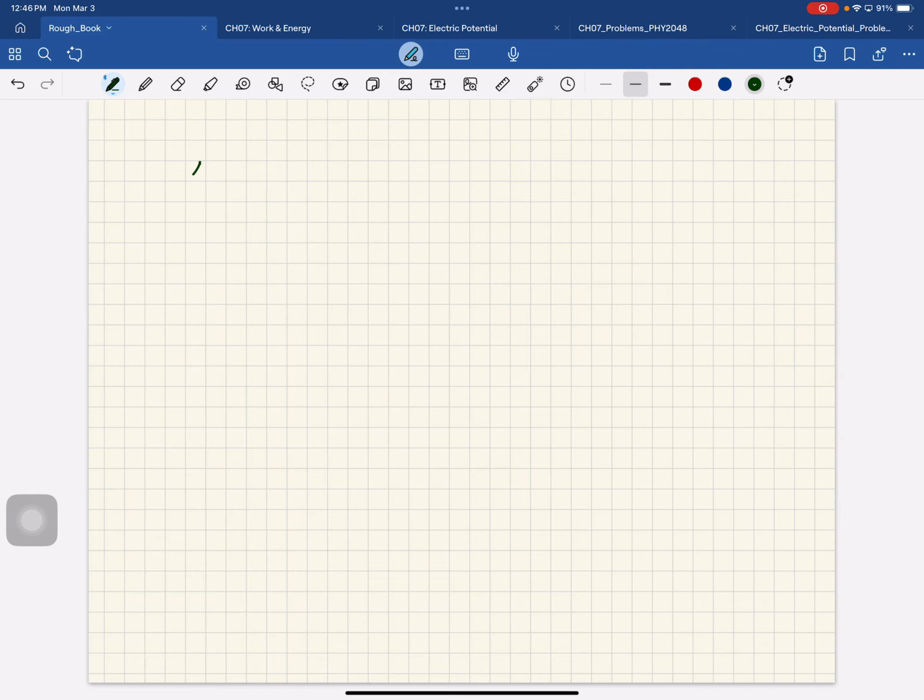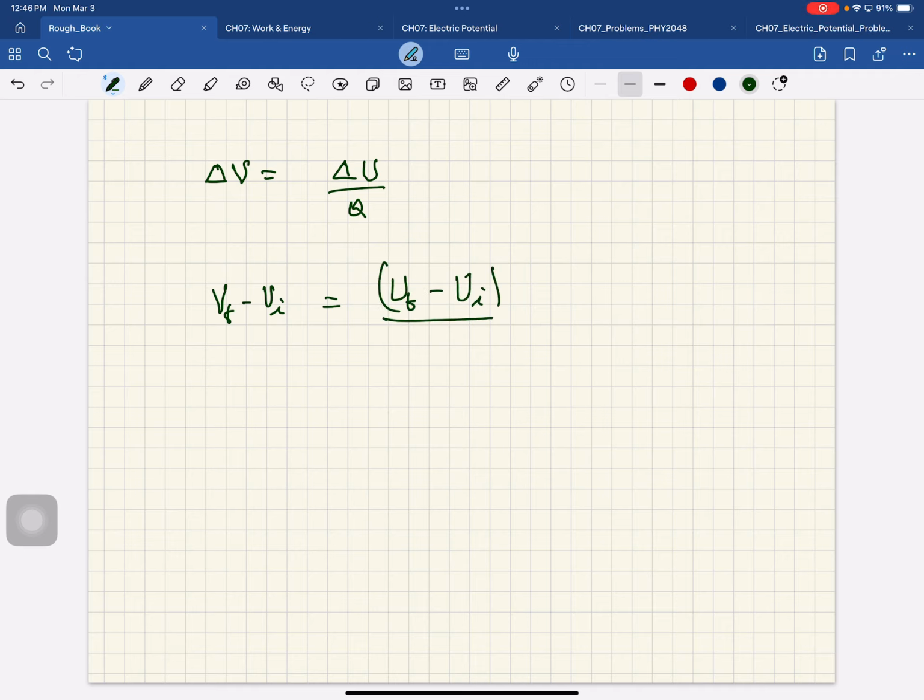The change in electric potential is the change in the potential energy function divided by Q. It's potential energy per unit charge. That is, V final minus V initial is U final minus U initial, divided by Q. So we'll study all of this in this chapter.